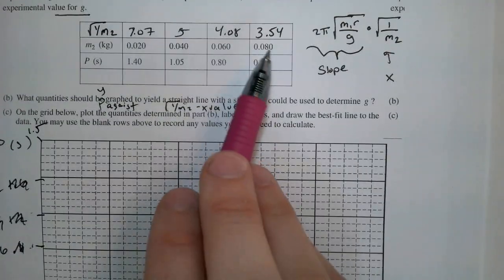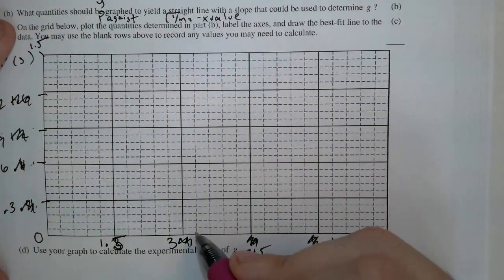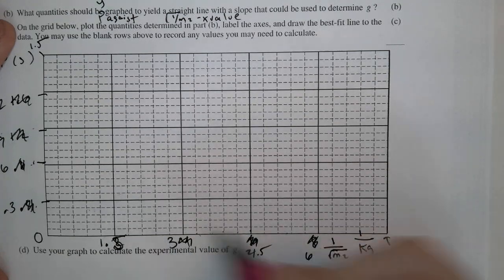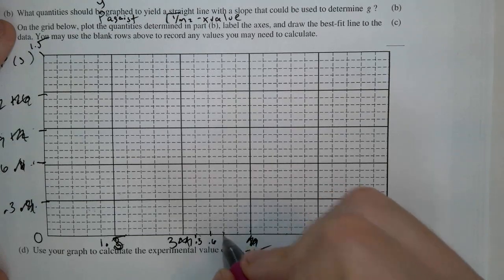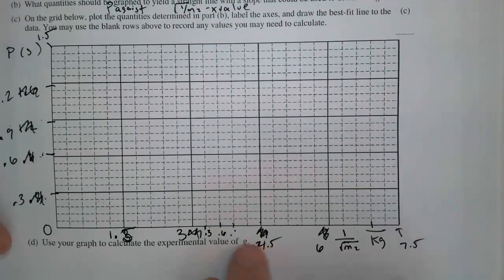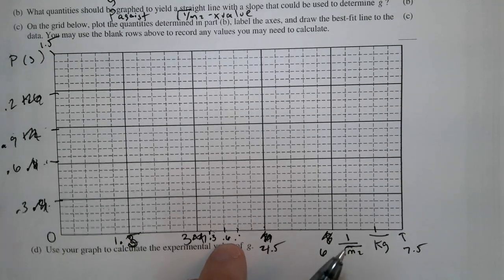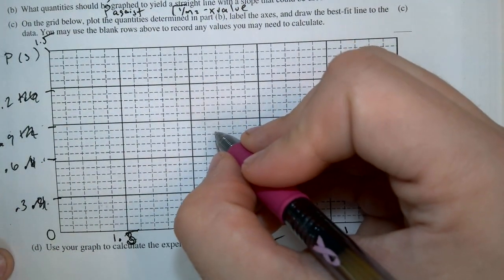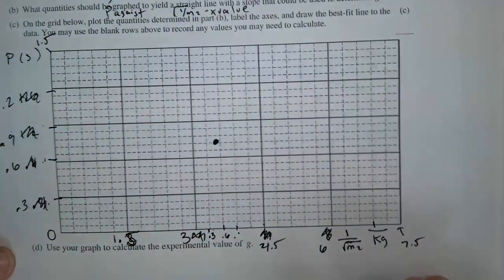Okay, so plotting our first point, we got 3.54. Here we're counting by 1, 2, 3, 4, 5, and that is 15, so each of these is 0.3. So 3.54, and then up to 0.75 would be right about there for that first point.